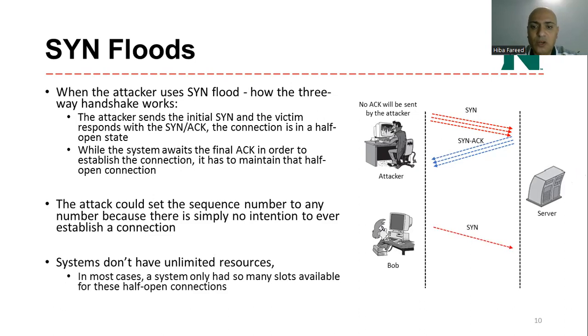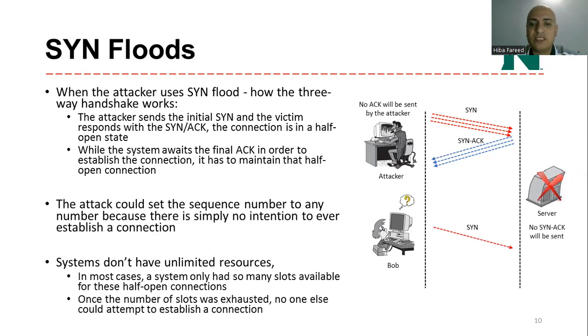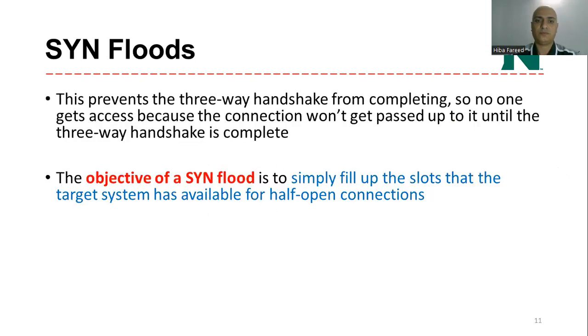After a while, when the normal user sends a synchronize request to that server, he will receive nothing from it, because the server is waiting for the responses from that attacker and is kept busy as much as possible by the attacker.